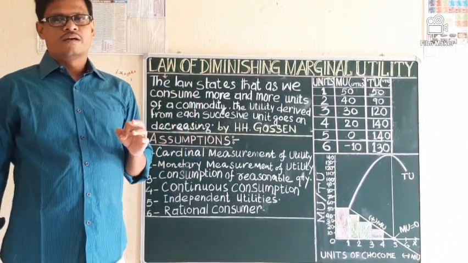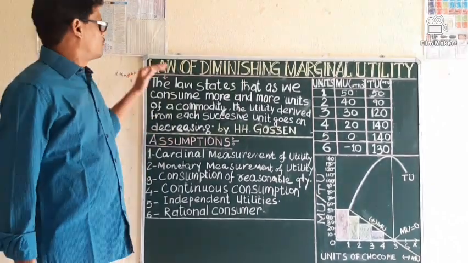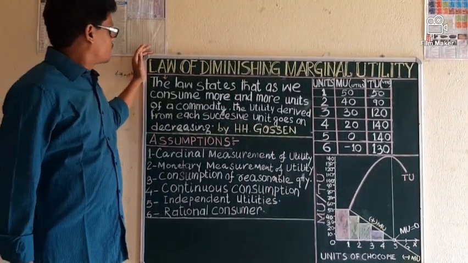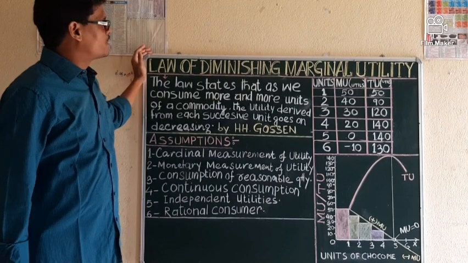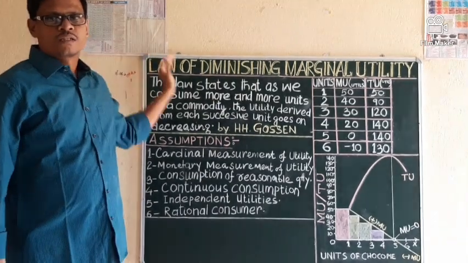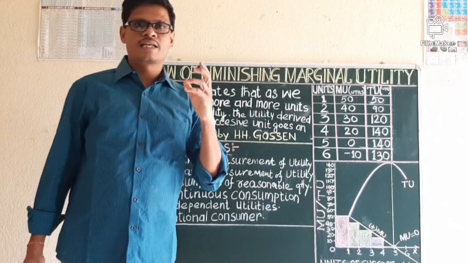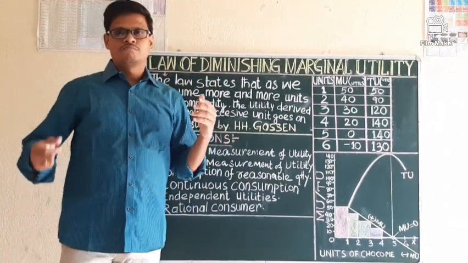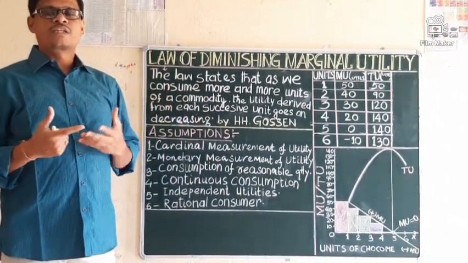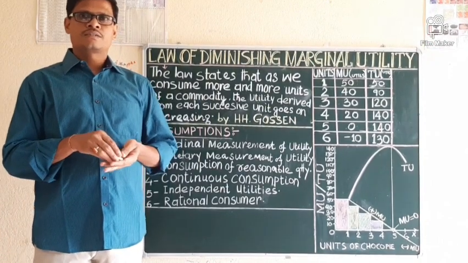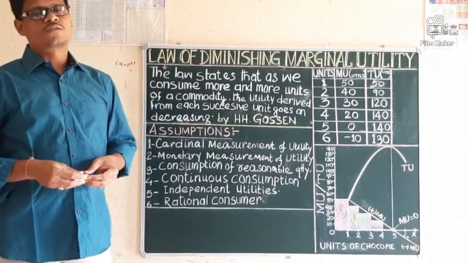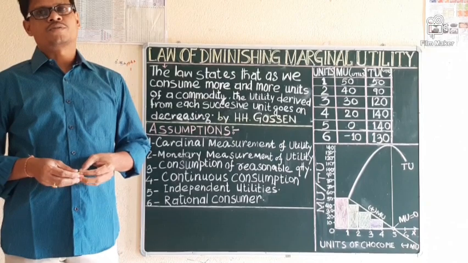In today's lesson we are going to learn the new psychological law, that is called the law of diminishing marginal utility. The law expresses an important relationship between the units of commodities consumed and the level of satisfaction that we have received from the consumption.